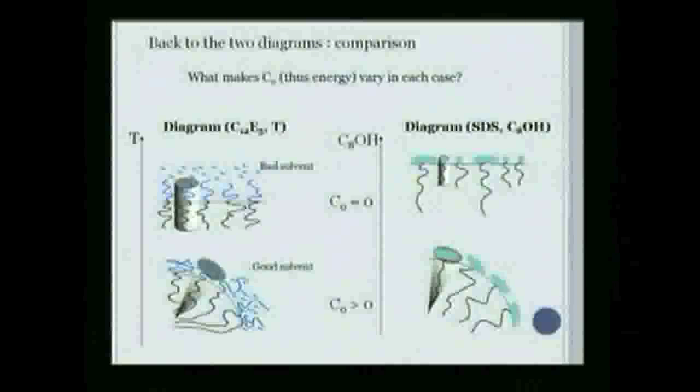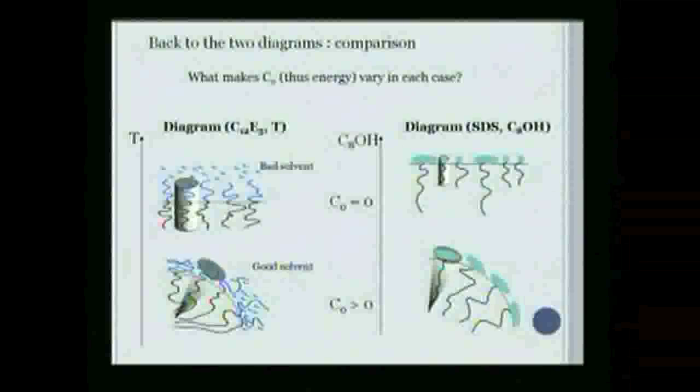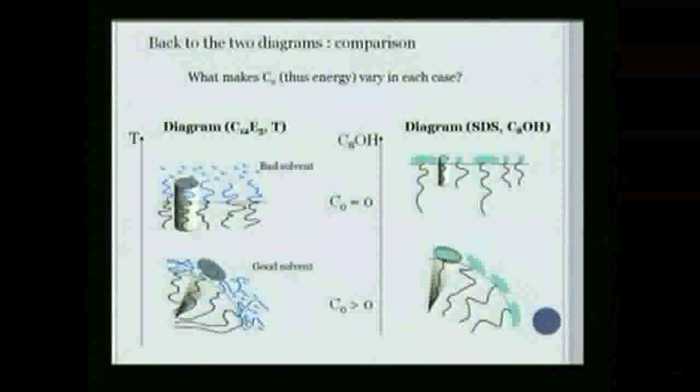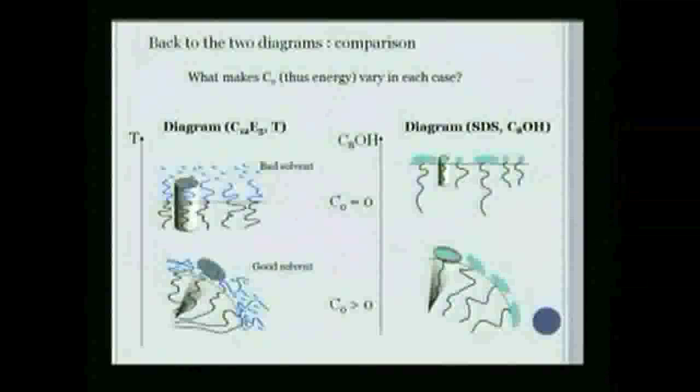So here I plotted an axis representing T, which is the chi parameter in the case of the non-ionic. And the situation is the following. When you are at low temperature, once again, this is the story of good and bad solvent of polymers, of polar polymers. I represented here my surfactant. You see here a kind of chain, a blue chain, which is the hydrophilic head.